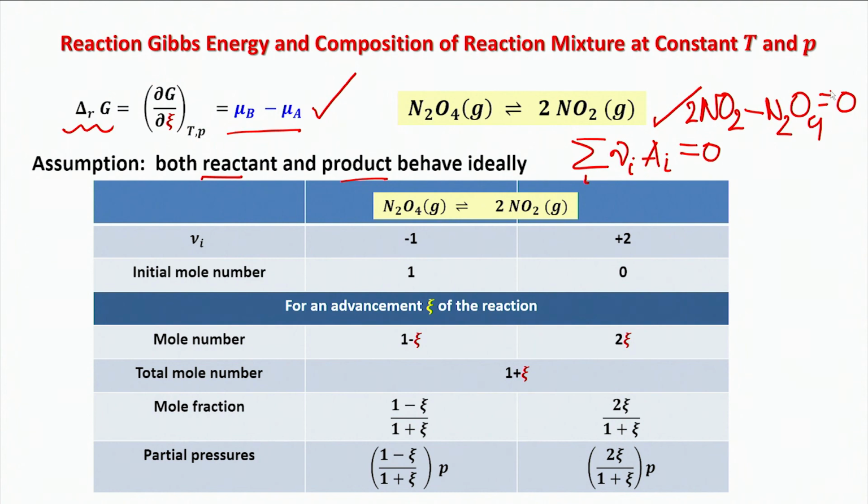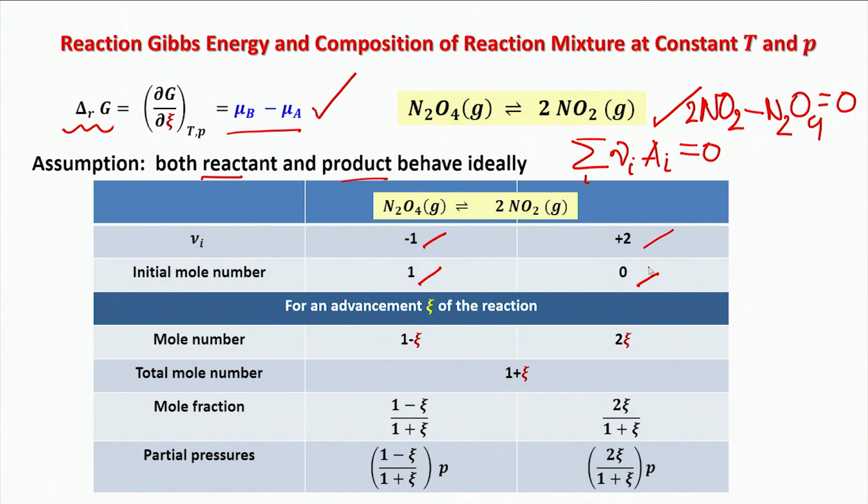That immediately tells me that for N2O4, νi is equal to minus 1, and for NO2, νi is equal to plus 2. And let's say the initial conditions are set such that initially there is 1 mole of N2O4 present and no NO2 was present in the initial reaction mixture.